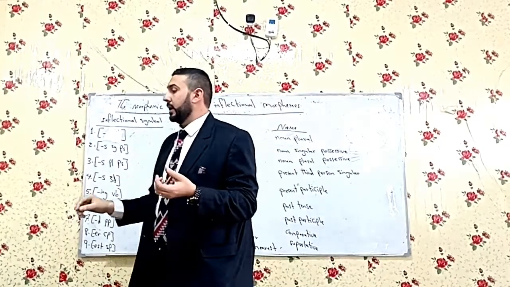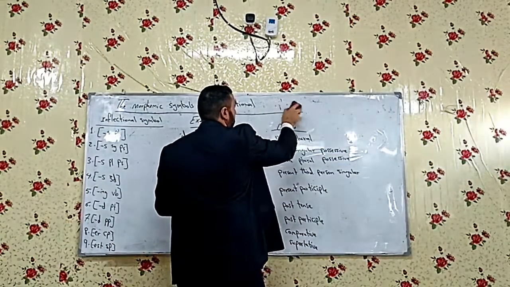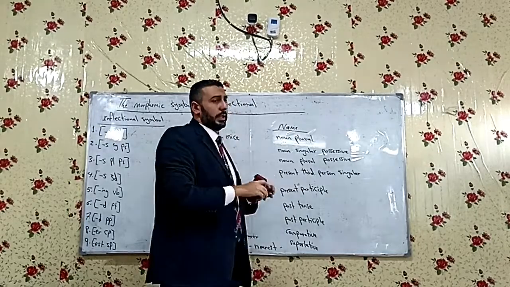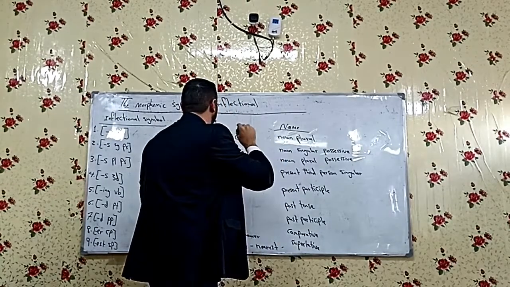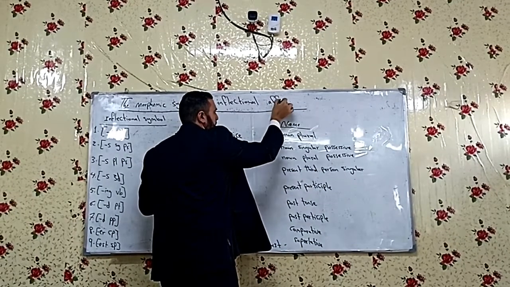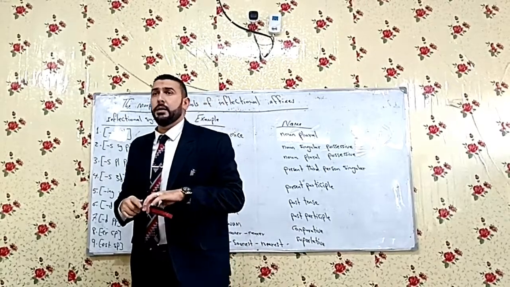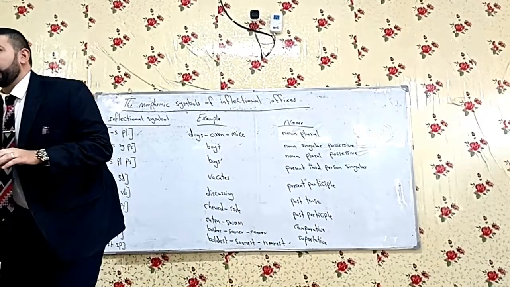Here we correct the word: instead of morphemes we write affixes, since we are talking about the additions. The morphemic symbols of inflectional affixes. Okay? So there are 9 morphemic symbols and you have to memorize them.